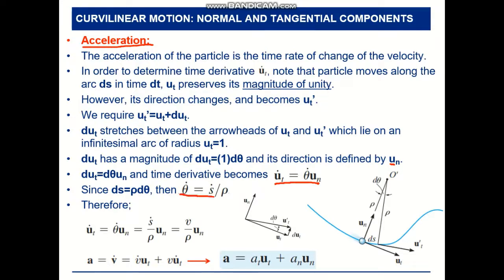Also, since this is the radius of curvature, ds, the path, is rho d theta. So theta dot is equal to s dot, which is a function of time, over rho.